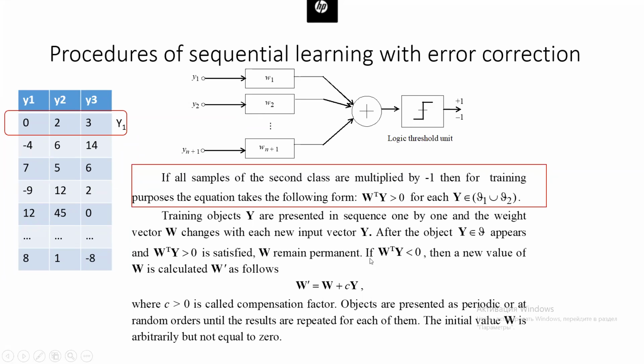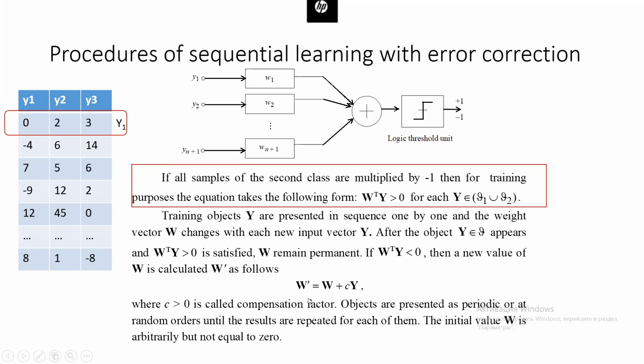If we obtain a result less than zero, we need to recalculate the position of our weight vector, and we just transfer it into a new position using this equation.